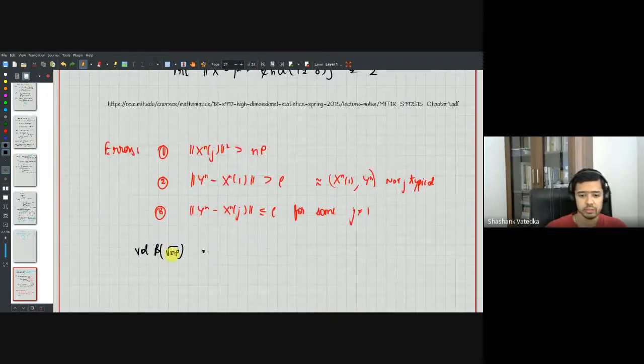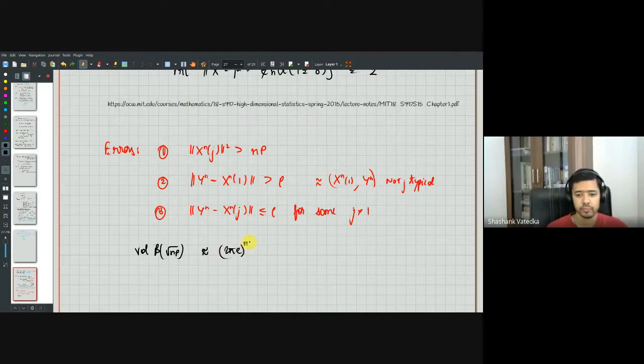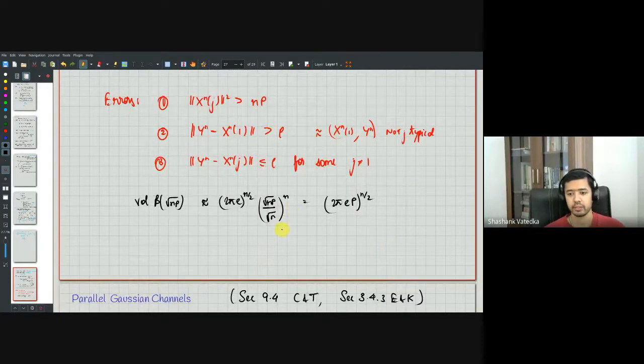If you ignore the lower order terms, this is 2 pi e raised to n by 2, square root np divided by square root n, whole raised to n, which is basically 2 pi e p raised to the n by 2.